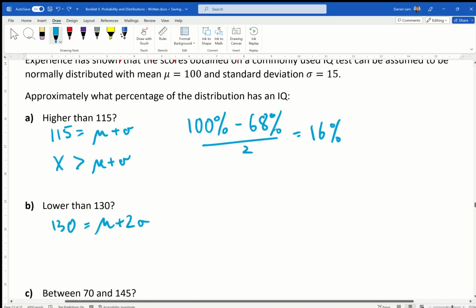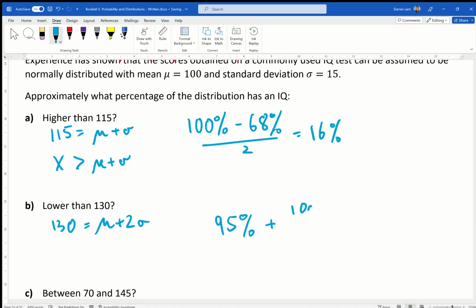So that becomes 95% plus that tiny gap, it's 100% minus 95% over 2, which gives us an answer of 97.5%.